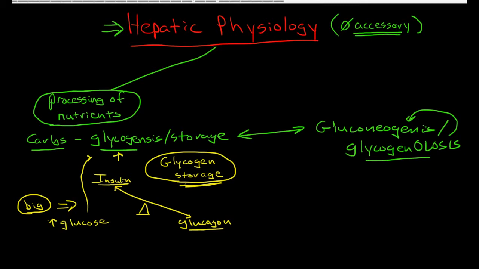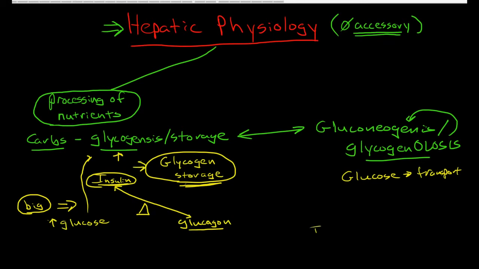It is very bad for transport in the bloodstream, because it's easiest to transport in the bloodstream a soluble molecule. So what's a soluble molecule? Glucose. So glucose is for transport, glycogen is for storage. So when there is lots of insulin, the liver is in storage mode and it's producing glycogen for storage.